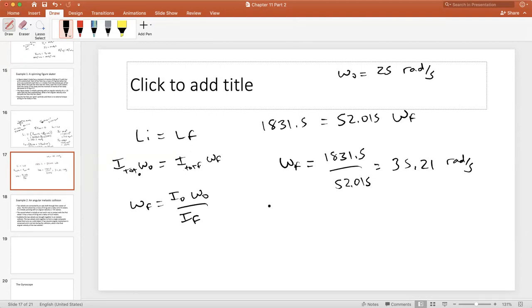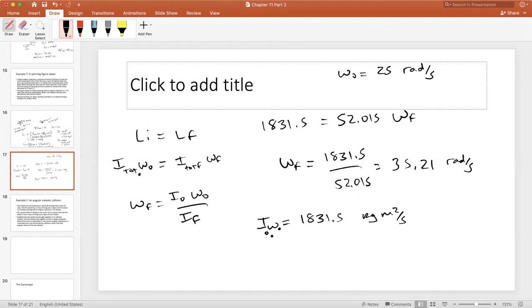One thing that you can double check is remember that I omega initial was 1831.5 kilogram meters squared per second times radians.